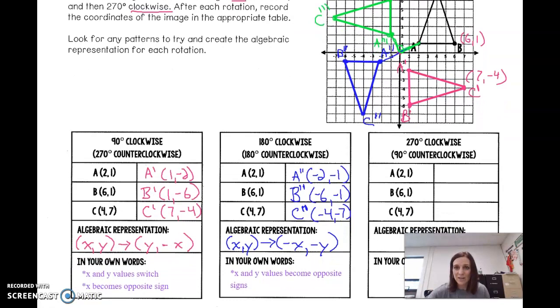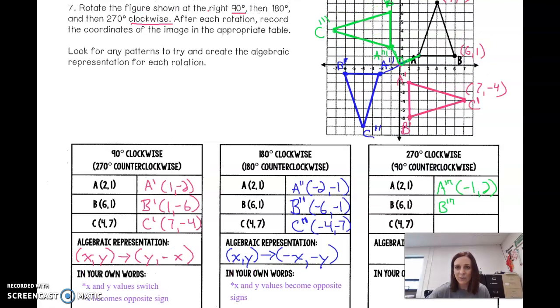All right, so A is going to go to -1, 2, A triple prime. B triple prime is going to become -1, 6. I'm sorry, guys, I'm not doing a good job of picking up my pen on my paper here.